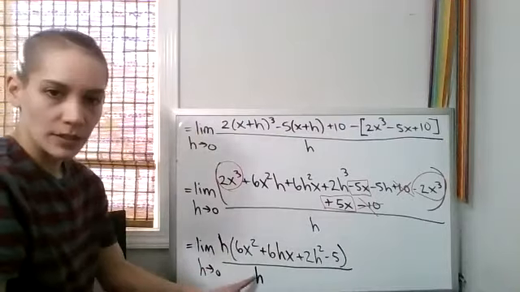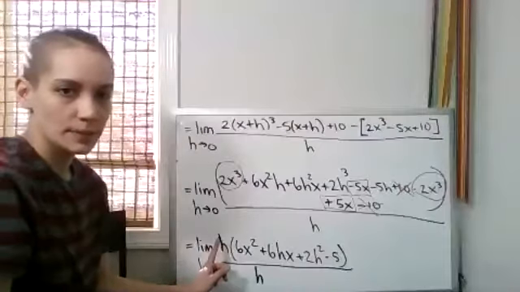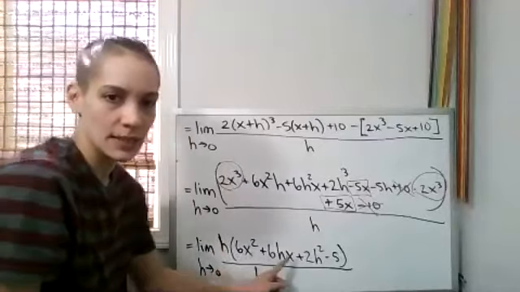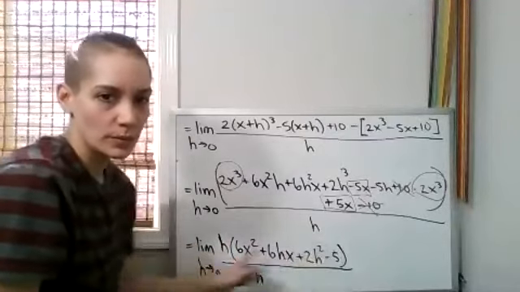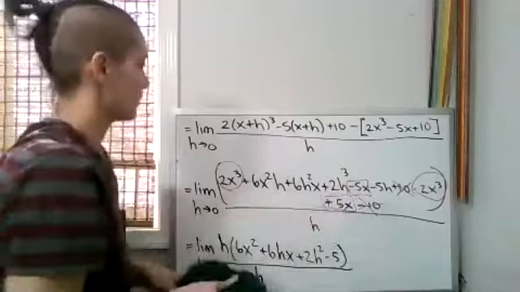Okay, h over h, that reduces to 1, and this is left over. We'll write down that limit and then do the limit after.